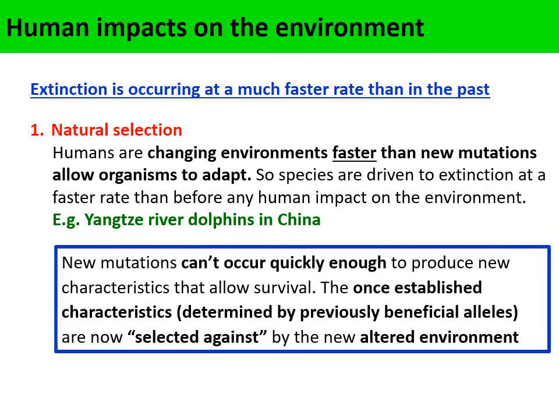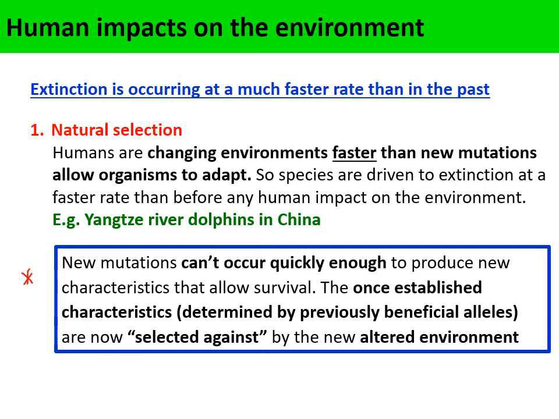So the key idea really, if we just look here on the bottom of the page, we know new mutations can give rise to advantageous alleles. An allele is a version of a gene. But new mutations can't occur quickly enough to actually produce characteristics that would allow survival in that rapidly altered environment.